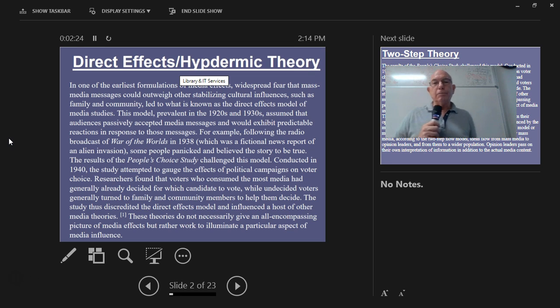I don't intend to read this. I put it on here so that you guys can have access to it. This was copy and pasted from the textbook that I had you review at the start of the semester. But just to help remind you of what it is, you can also go back to that original textbook.